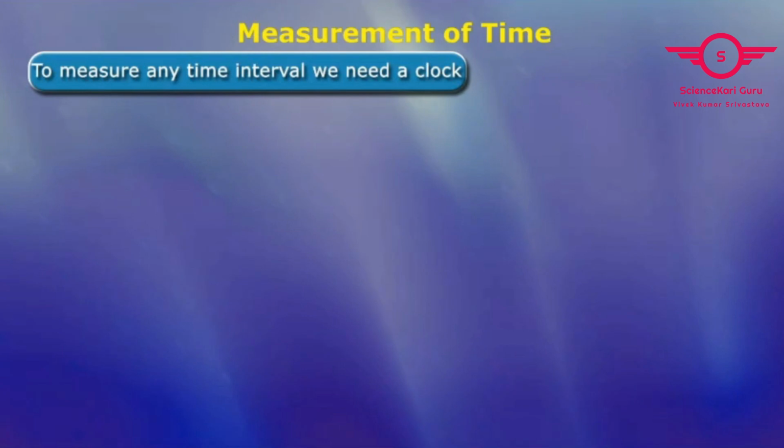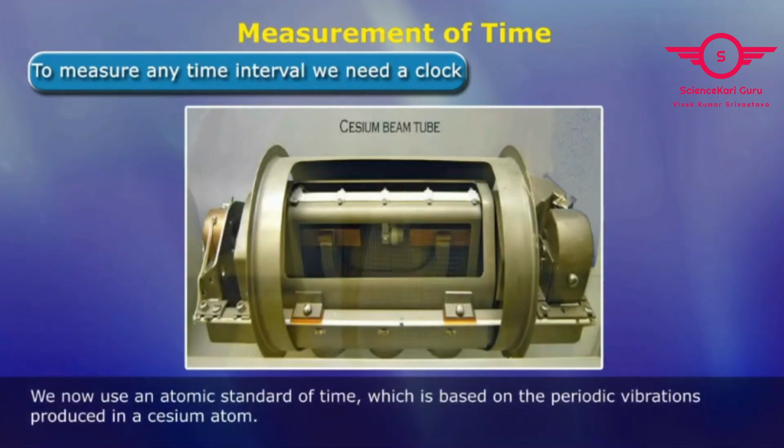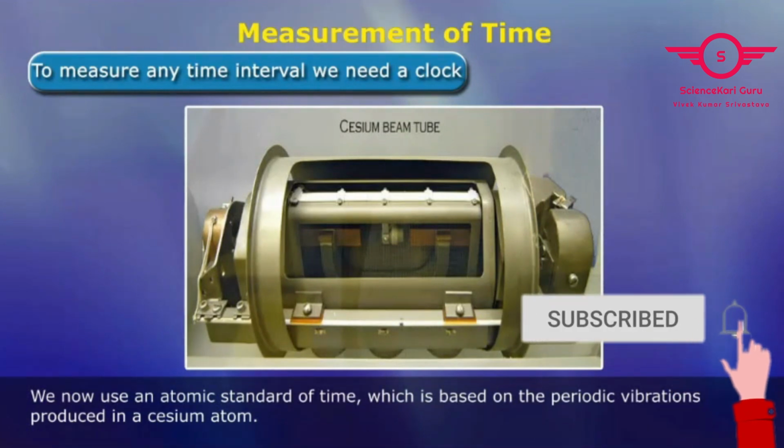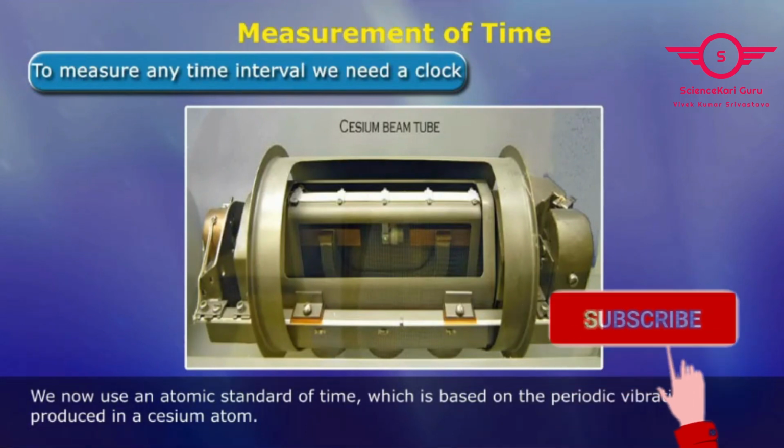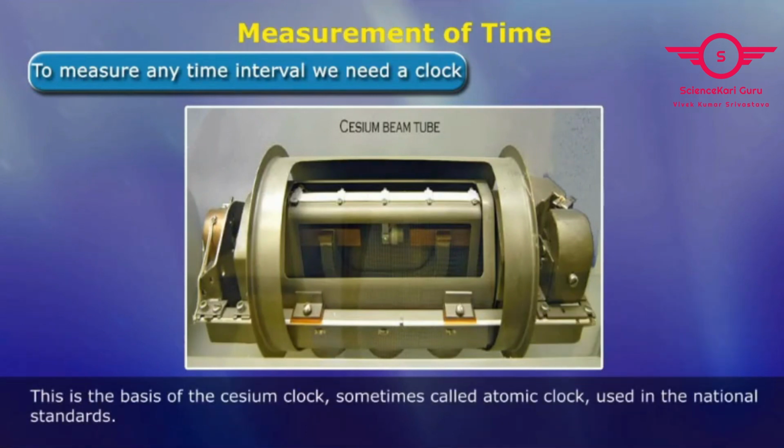To measure any time interval, we need a clock. We now use an atomic standard of time, which is based on the periodic vibrations produced in a cesium atom. This is the basis of the cesium clock, sometimes called atomic clock, used in the national standards.